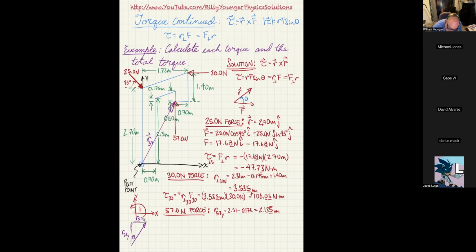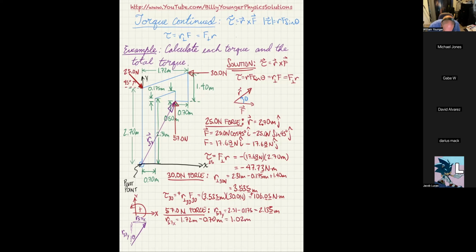So R57X is going to be 1.72 meters, the full width, minus the width of the vertical part, 0.70 meters. That gives me 1.02 meters as the component there.